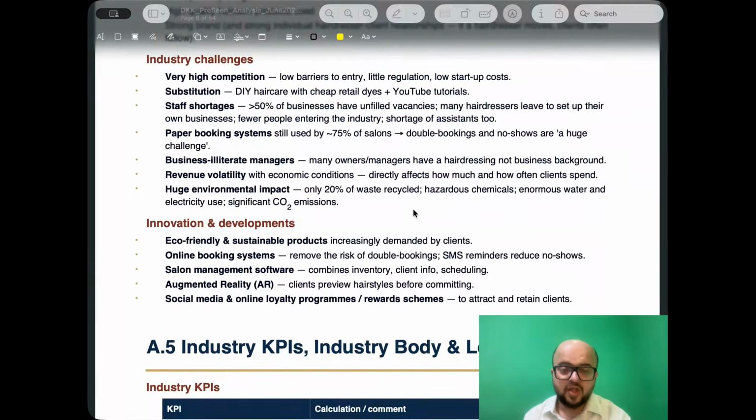Business illiterate managers: many owner-managers have a hairdressing business. They have a business background but they might not know how the hairdressing industry works. In this ChatGPT and AI era, this is a very big problem. In fact, I know of so many people who have no understanding of the business, who have no understanding of what they are doing.